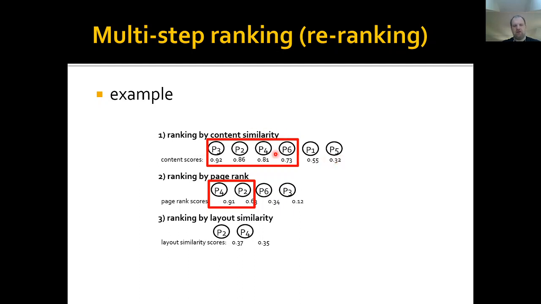So we get this initial ranking, we take a smaller prefix of the ranking, so just these 4. Take these 4, re-rank them by page rank, just take 2, and these 2 re-rank by layout similarity, and that's the final score. This could be an example of very simple re-ranking based on 3 objective functions, but the most important one is the cosine measure.